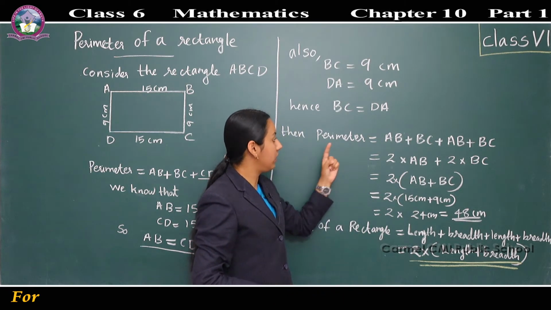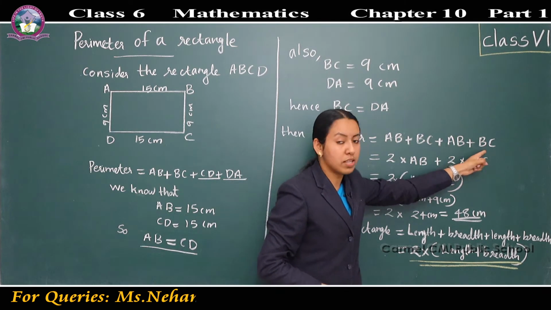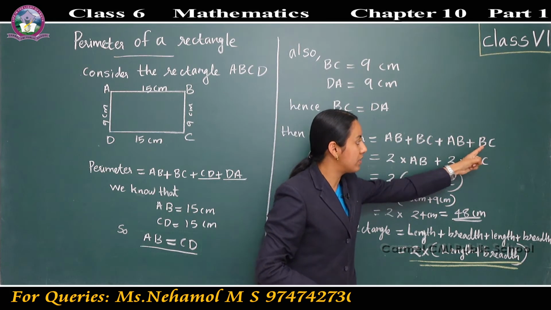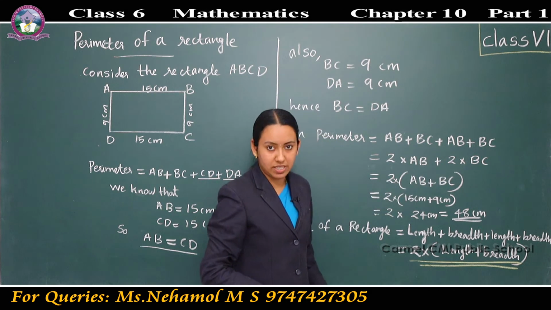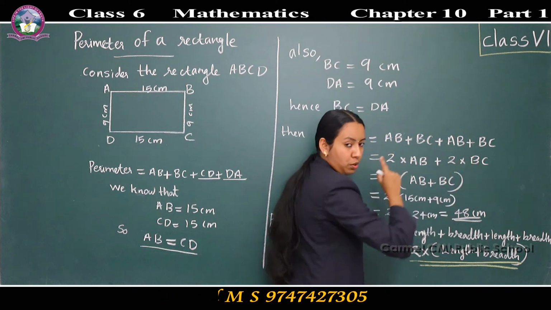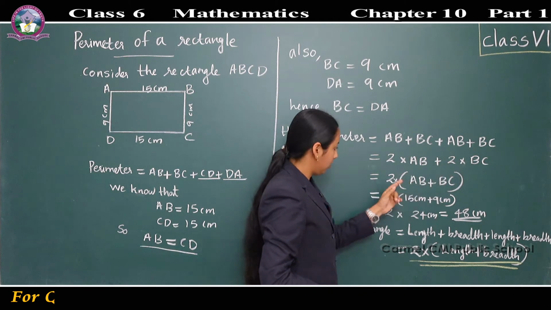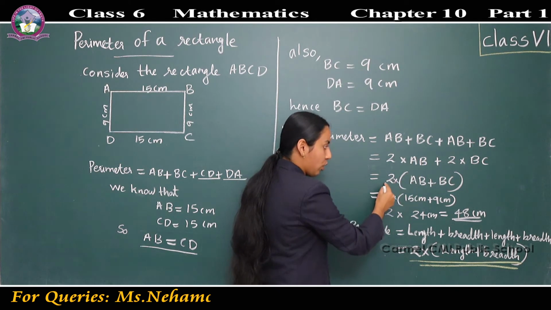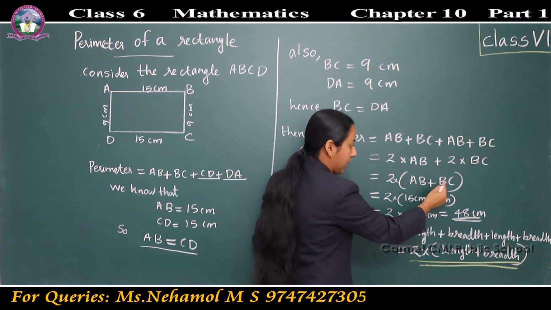Then perimeter is equal to AB plus BC plus AB plus BC, that is 2 times AB plus 2 times BC. Then 2 is common in both terms, so we can take it outside the bracket. Then that is equal to 2 into (AB plus BC).